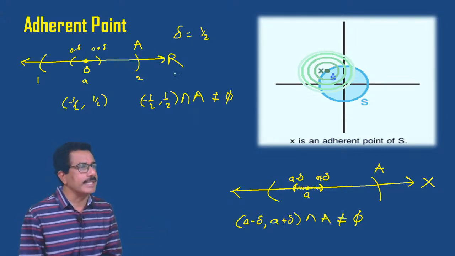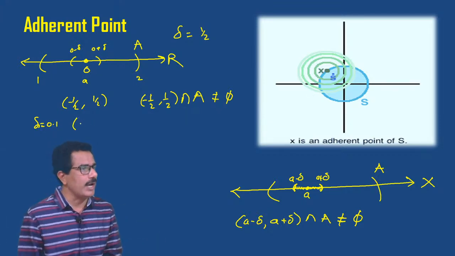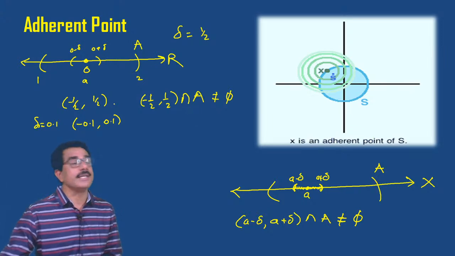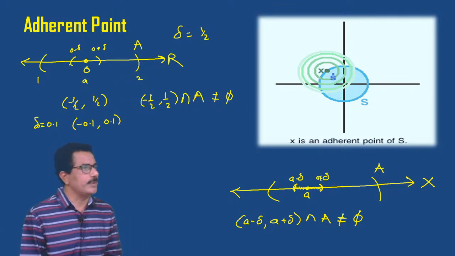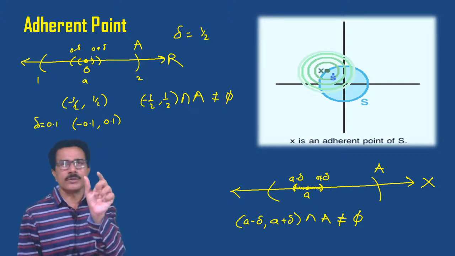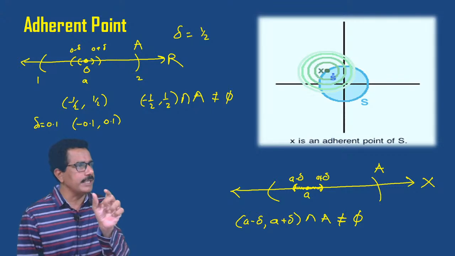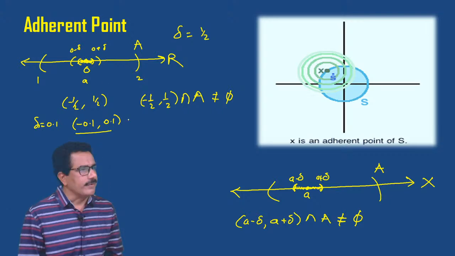Then if we take delta equal to 0.1, then the neighborhood of the point 0 is minus 0.1 comma 0.1. If we consider delta equal to 0.1, which is nearer to 0, then also there are a number of points in that open set which give an intersection with A that is not equal to phi.